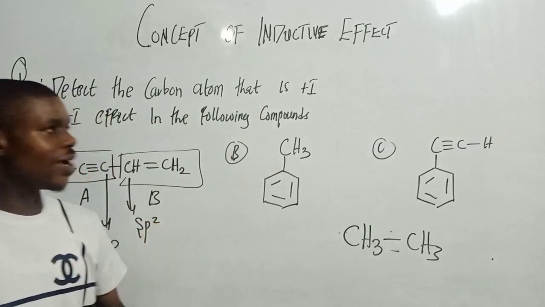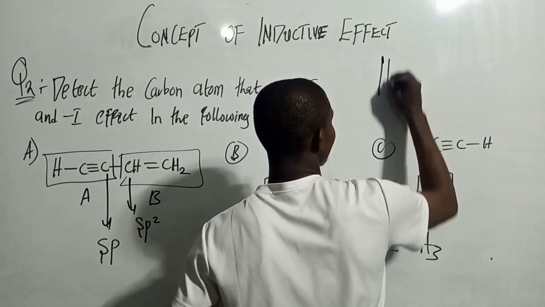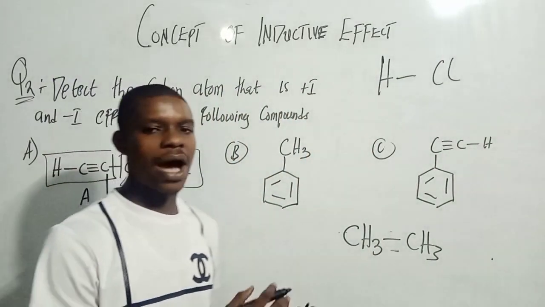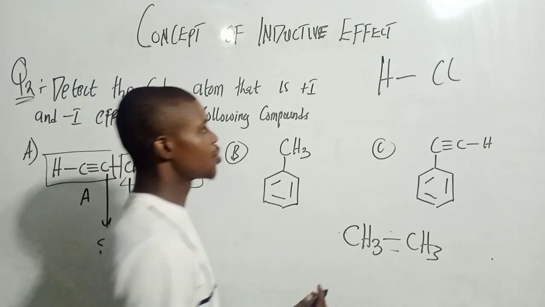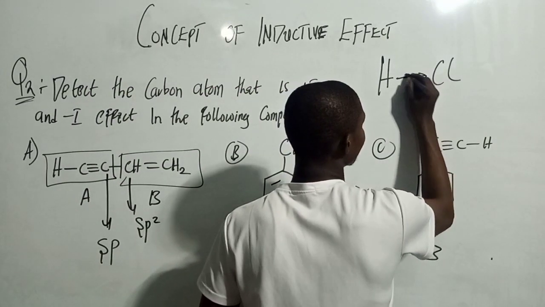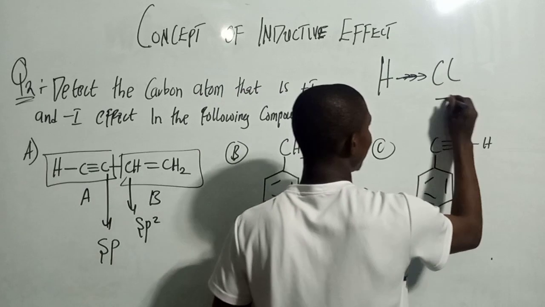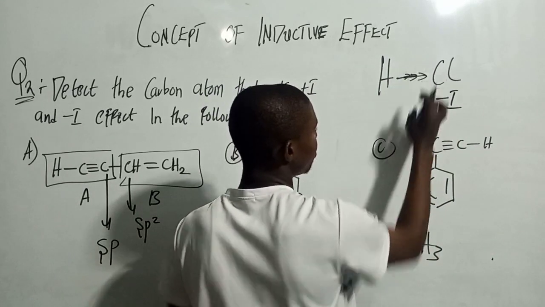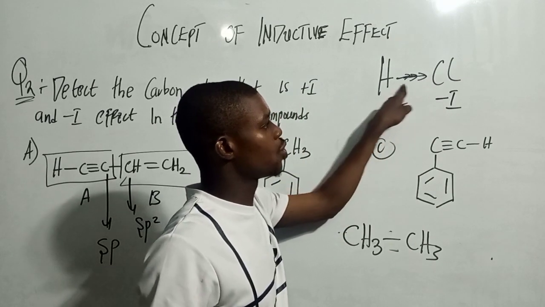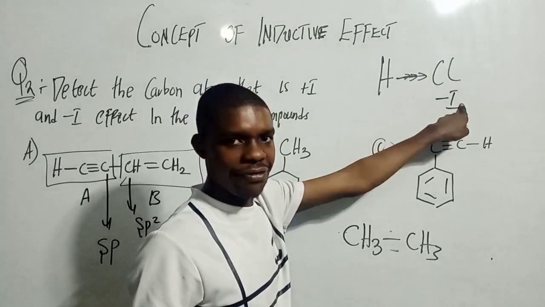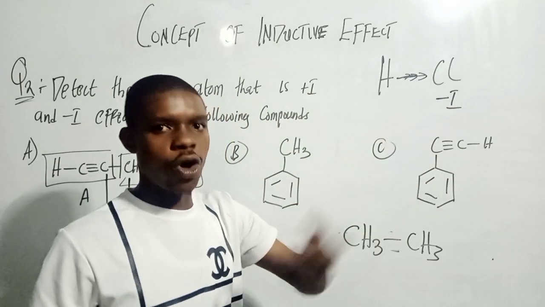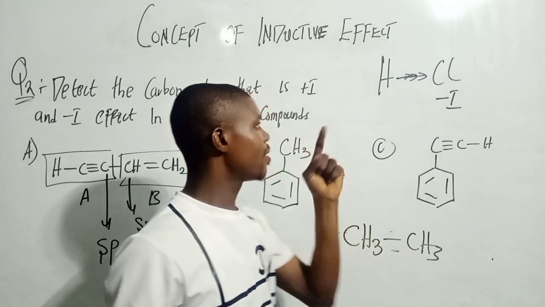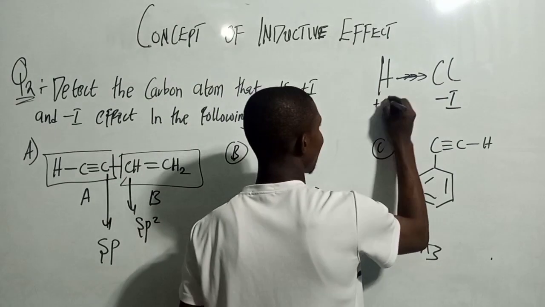So if, for example, here we have H and Cl, automatically one is plus I and one is minus I. The one that withdraws electron from the hydrogen is called the minus I effect. Those species that withdraw electron density are called minus I effect. So chlorine is minus I, while hydrogen is going to be plus I.